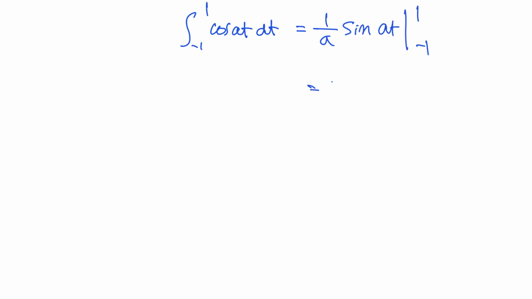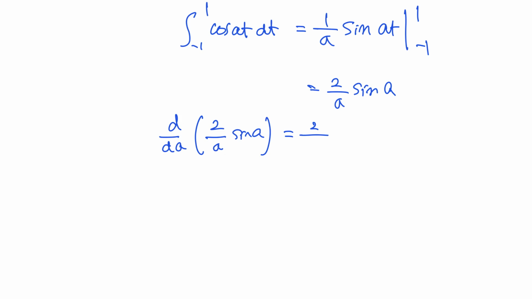So this is 2 over A sine A, right? So differentiating with respect to A, we get minus 2 over A square sine A plus 2 over A cosine A, right?